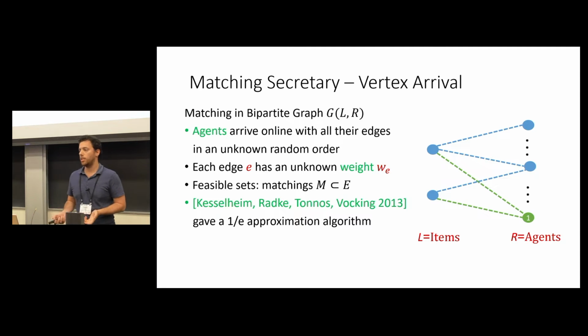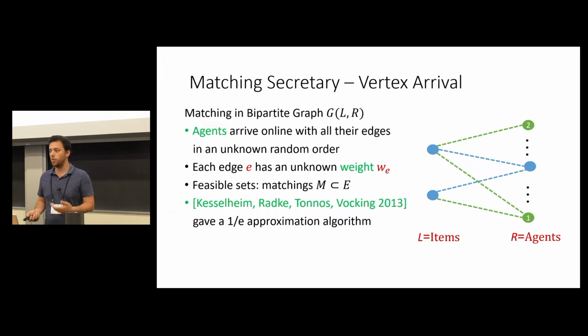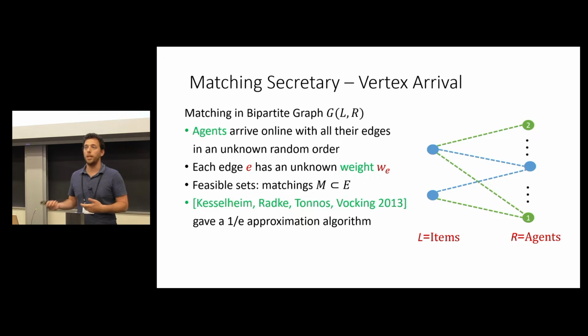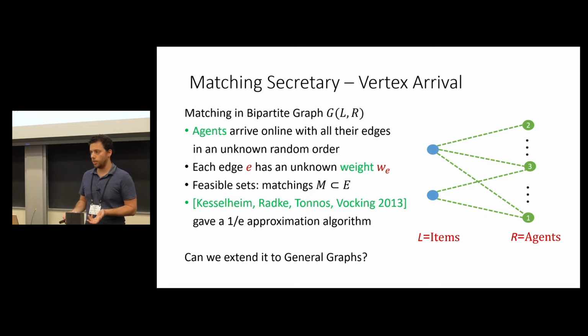The agents arrive one by one, and each time an agent arrives, we need to decide whether to match it to some item or not to match it at all and leave more items available. Our goal is to find a maximal matching.